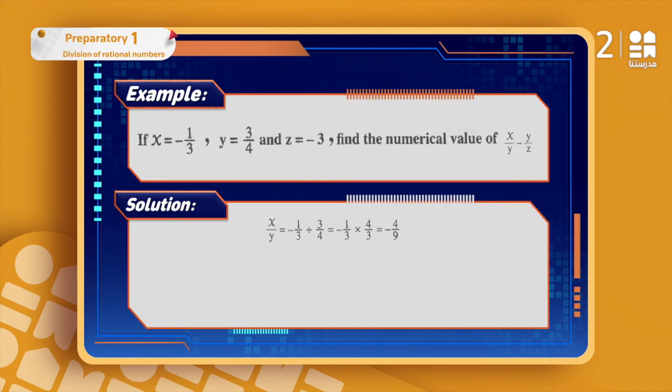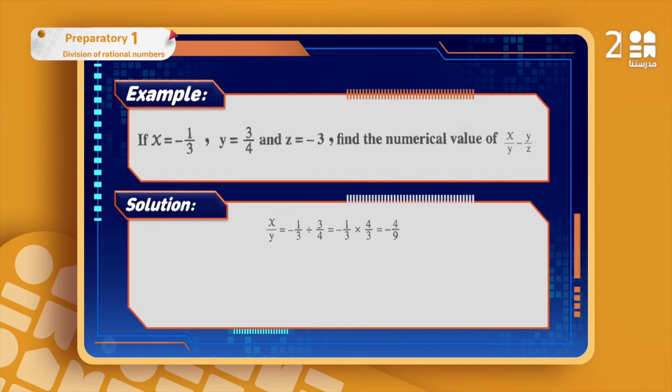It is 3 over 4, so rewrite it as 4 over 3. Then multiply the numerators and the denominators, because we cannot simplify in this example. So 1 times 4 is 4, 3 times 3 is 9, and put the negative sign because it's negative times positive. Do you remember that rule? They are different signs, so the answer is negative.